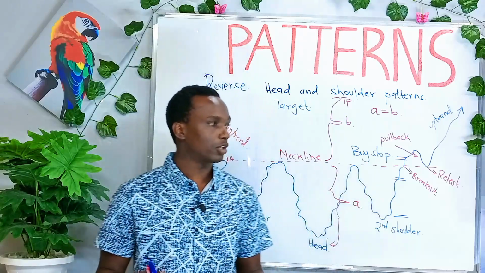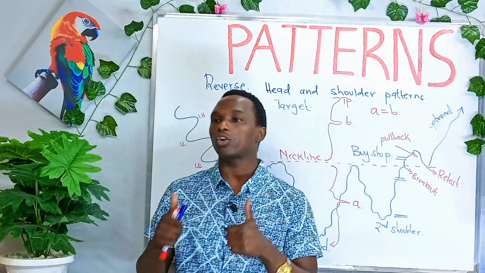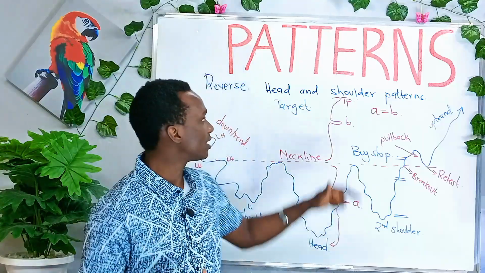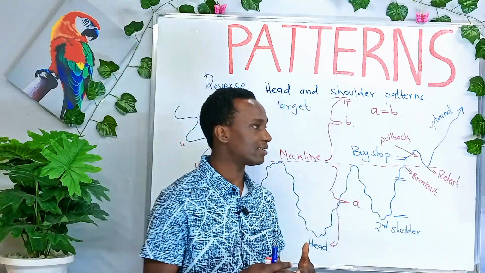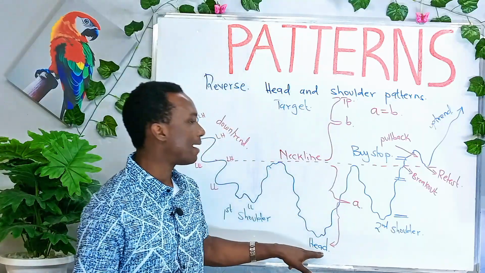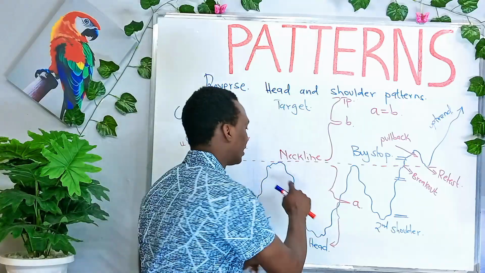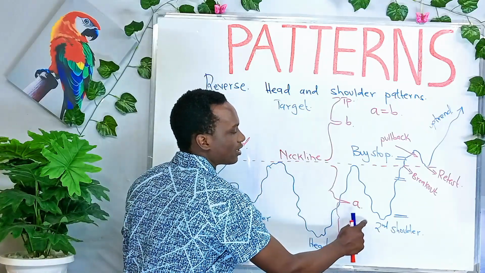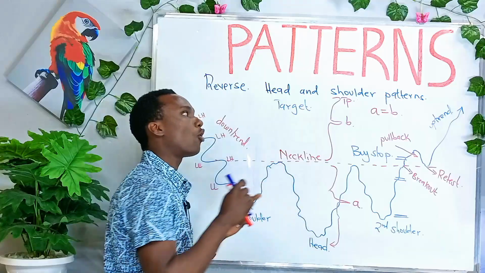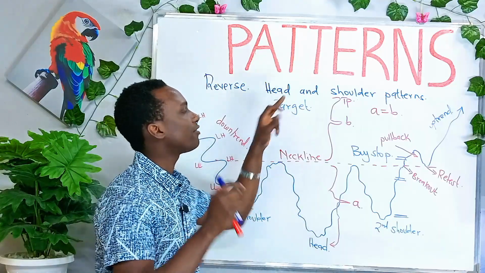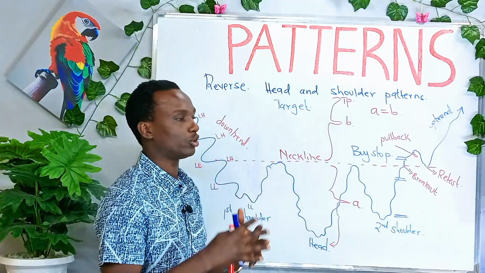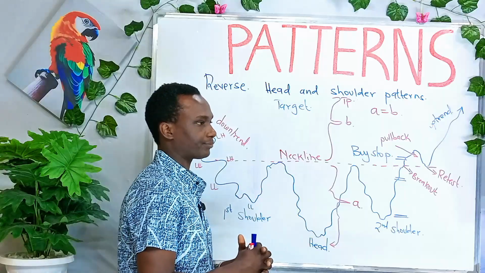Okay, good. So a general rule of thumb on using the head and shoulder pattern is that the head must extend well above these two shoulders for you to confirm that you have a head and shoulders pattern.